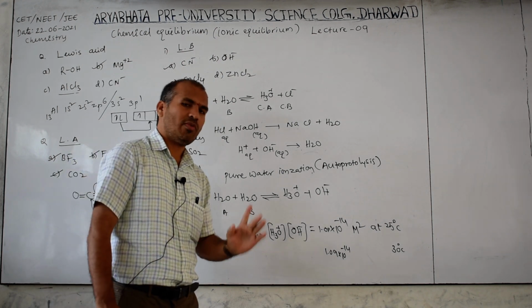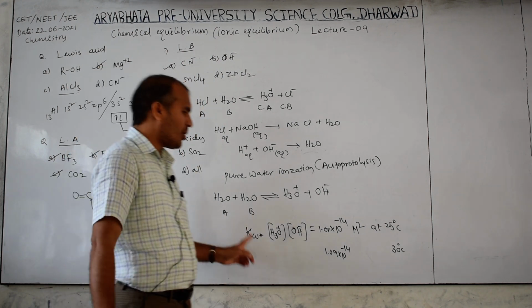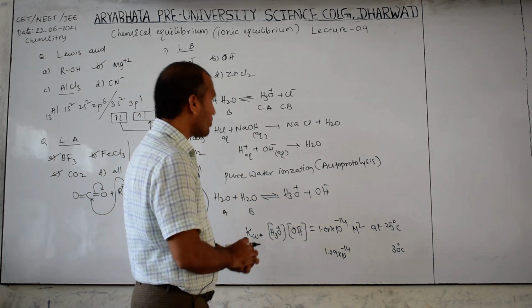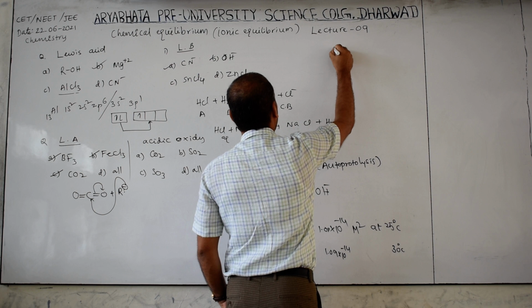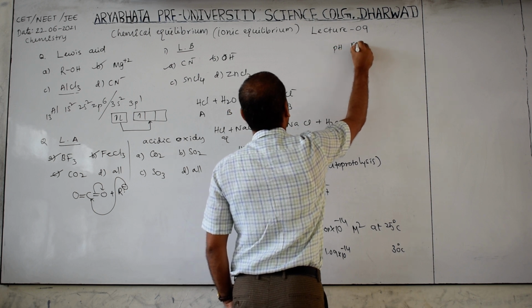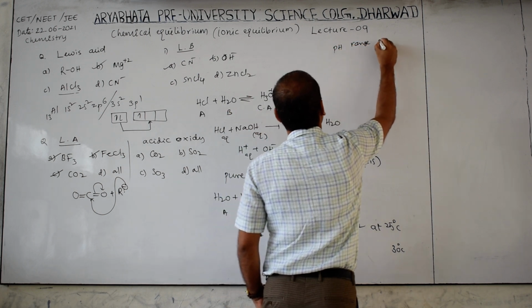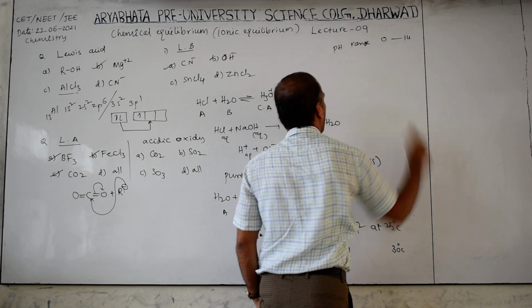Based on this, many questions will be there. Because based on this formula, the pH range is 0 to 14.